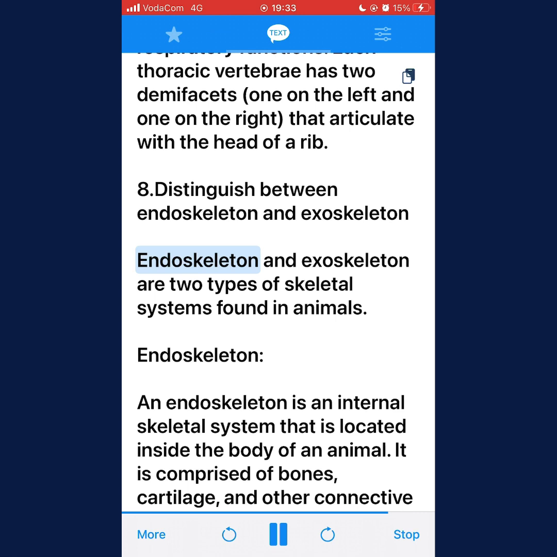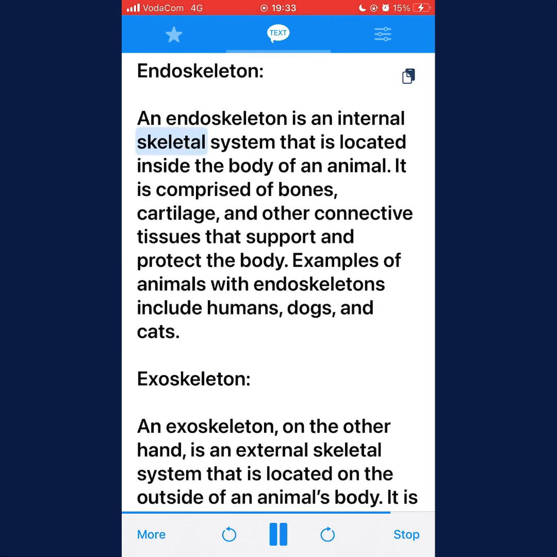Endoskeleton and exoskeleton are two types of skeletal systems found in animals. Endoskeleton. An endoskeleton is an internal skeletal system that is located inside the body of an animal. It is comprised of bones, cartilage, and other connective tissues that support and protect the body. Examples of animals with endoskeletons include humans, dogs, and cats.